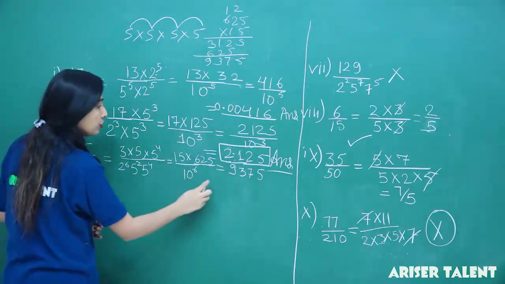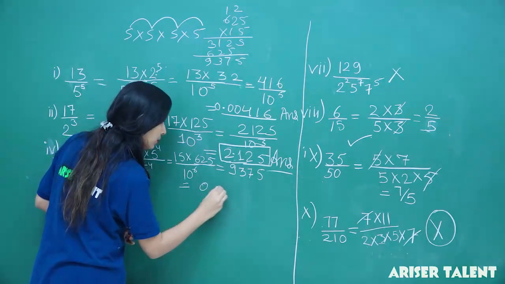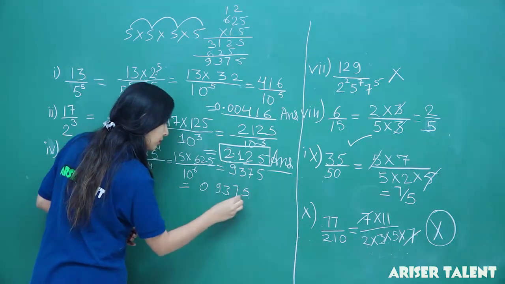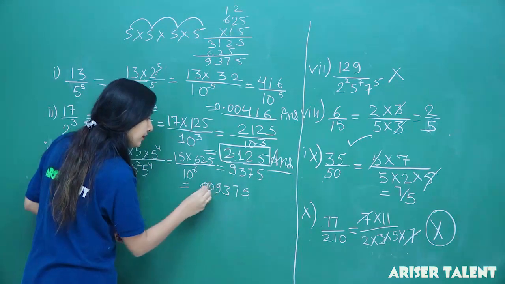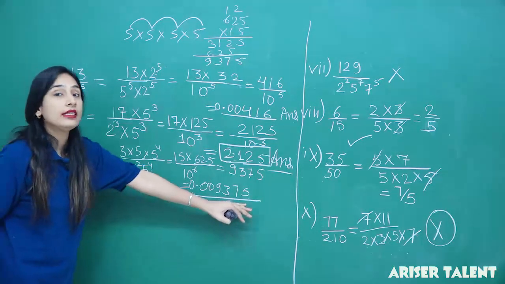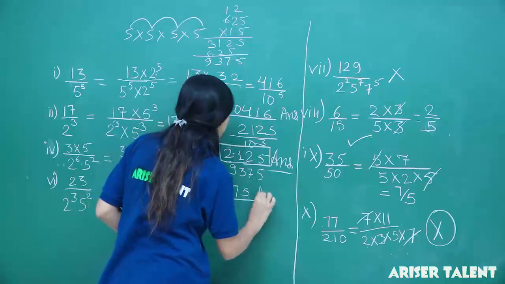Okay. So 10 to the power 6. So it will become 0, 1, 2, 3, 4, 5, 6, 0.009375. That will be your answer.